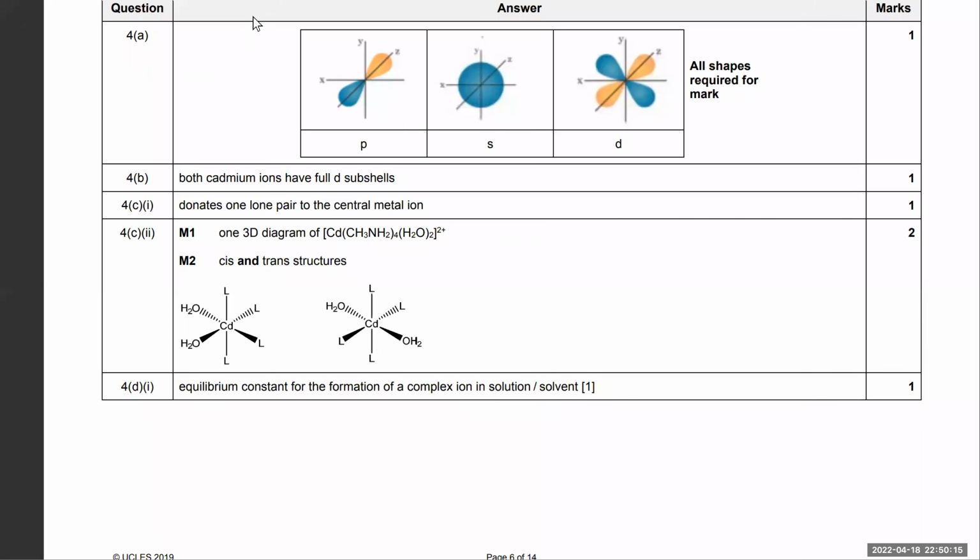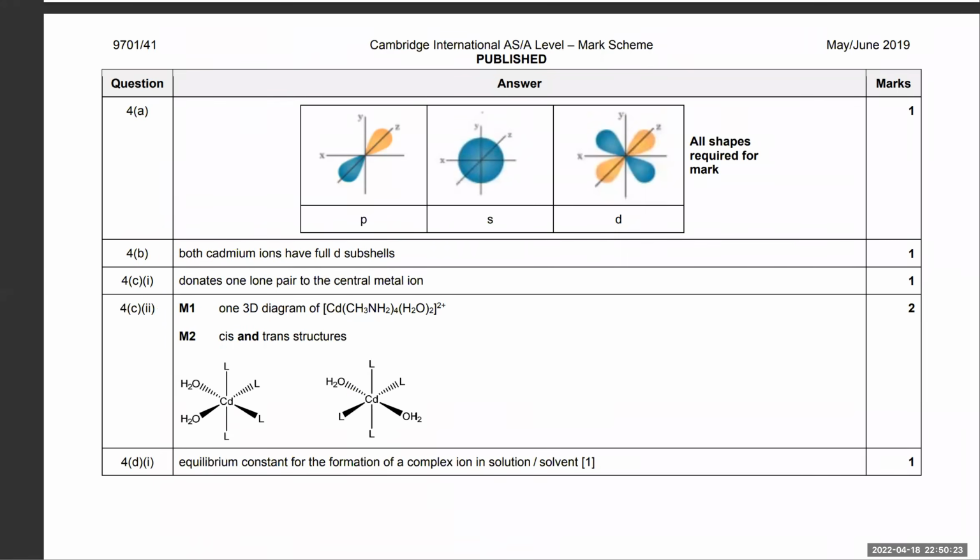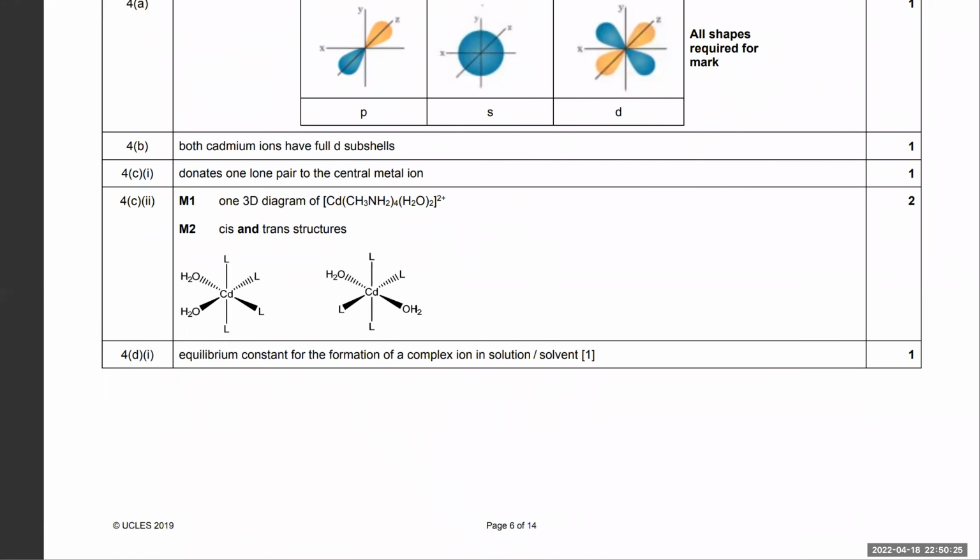Sorry, what was partition coefficient? The partition coefficient was something totally different. That was when you have 2 immiscible liquids, the ratio of the solubility of a solute in the 2 liquids.